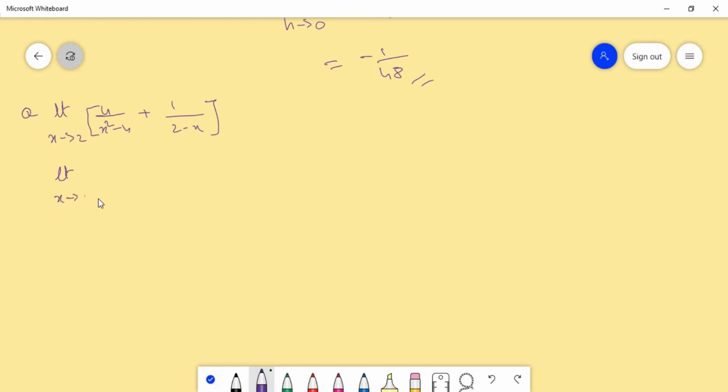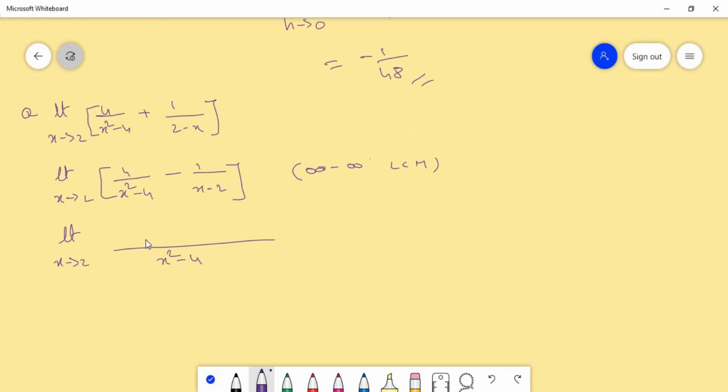Then do the LCM. Here what we can do? Limit x tends to 2, 4 by x square minus 4 minus 1 by x minus 2. What I have done is, from this one I am taking minus outside. Then infinity minus infinity we get. Then do LCM. Limit x tends to 2, x square minus 4 is the value, 1 minus x plus 2 is remaining.